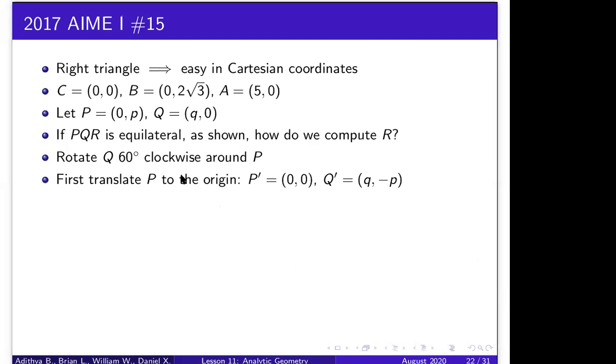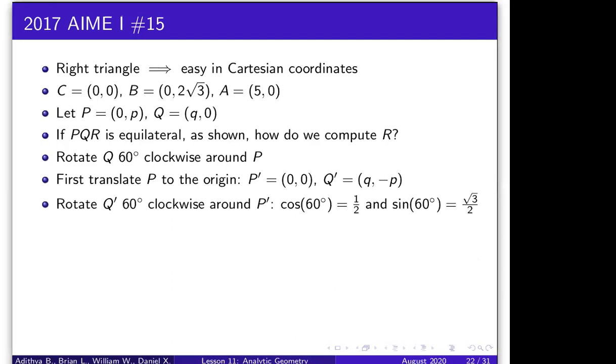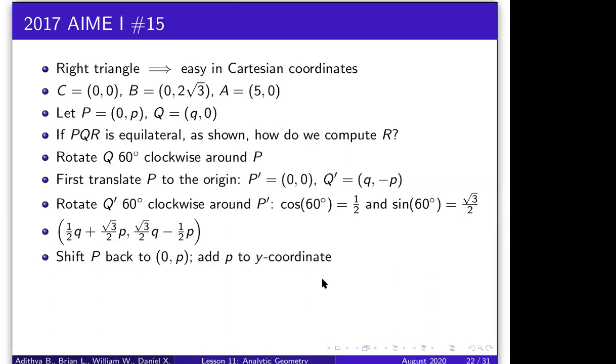We see that we need cosine and sine, and then we plug everything in. And then that is our rotated Q prime, right? And then we remember that we want rotated Q, right? So we want to shift back. So we add P again, and then that gives you the location of R.